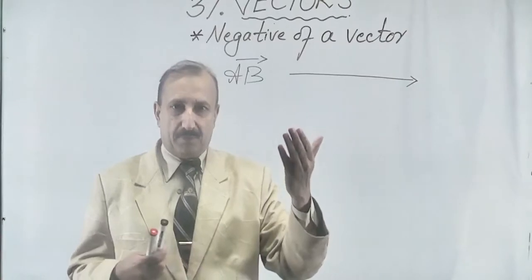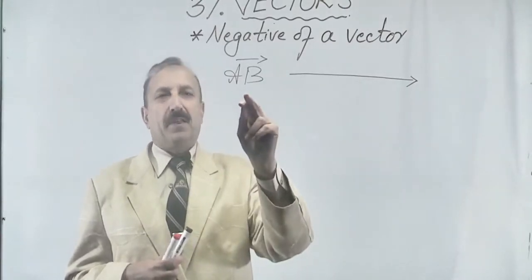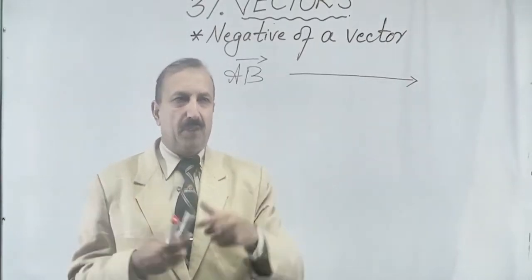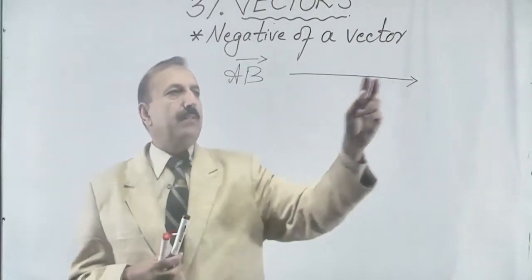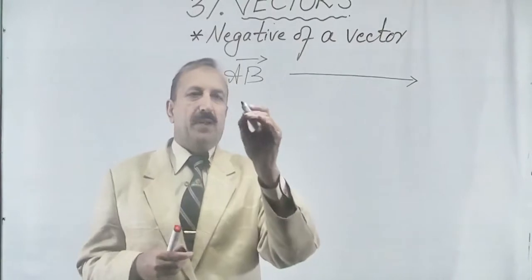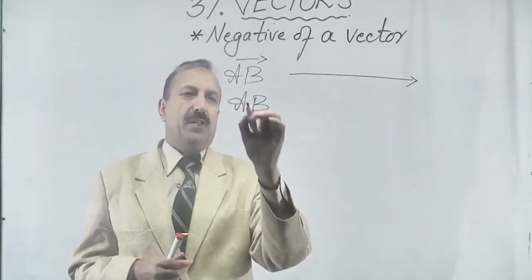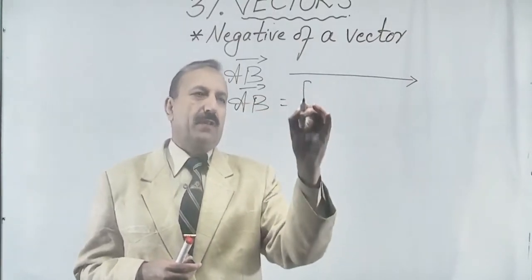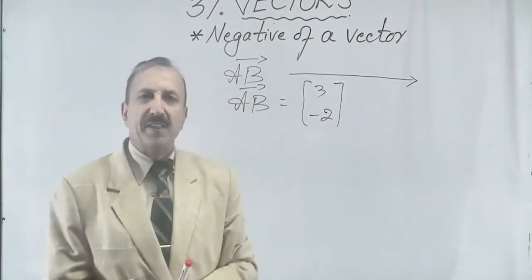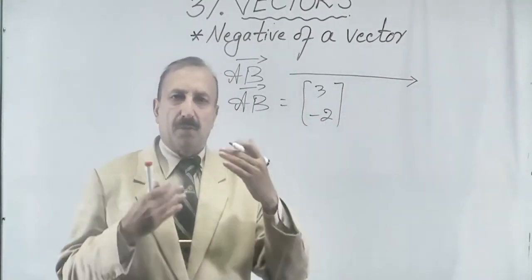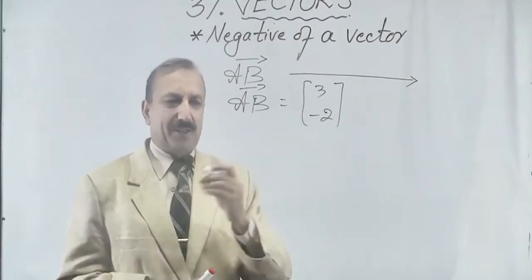Here is vector AB presented in the form of a length and its arrow. There might be vector AB in the form of a column vector, this is (3, -2). What is a negative vector? It's the opposite direction.